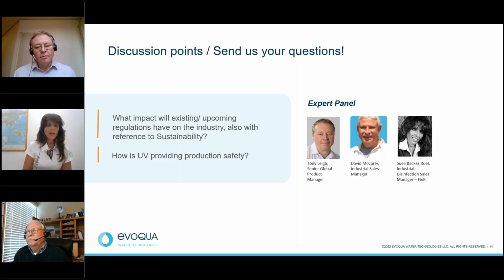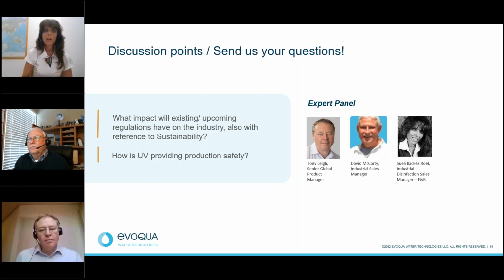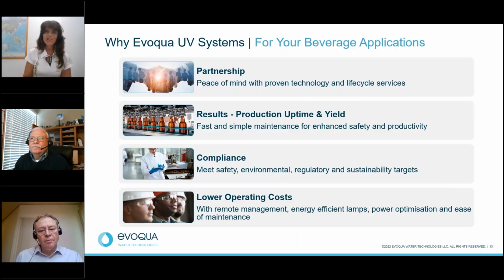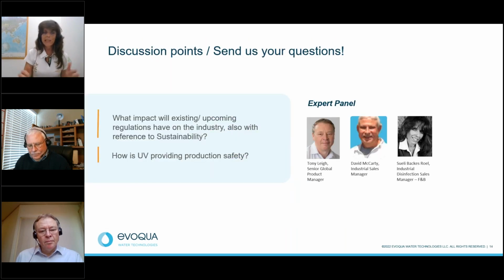These are points where I see a big play for the UV systems, because they are called green technology and will contribute to the sustainable development of the process in the beverage industry, either on water reuse from CIP to cooling towers and other utilities, for example, or for water reuse for irrigation, which is also a big point. And all these coupled with the HACCP protocols, which grant the safety for the process in the entire plant.